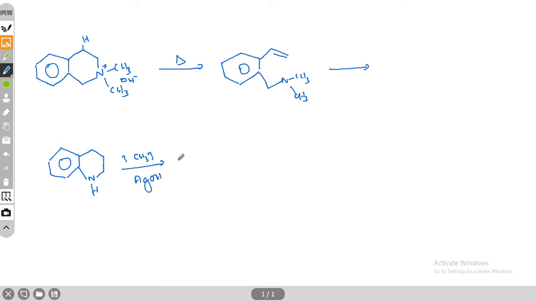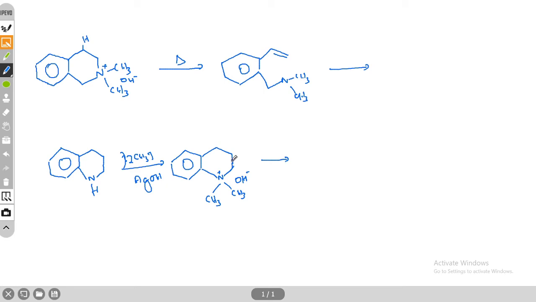We will get its corresponding quaternary ammonium salt. Two CH3 are added. Okay. CH3, CH3. And OH minus will be the counter ion.